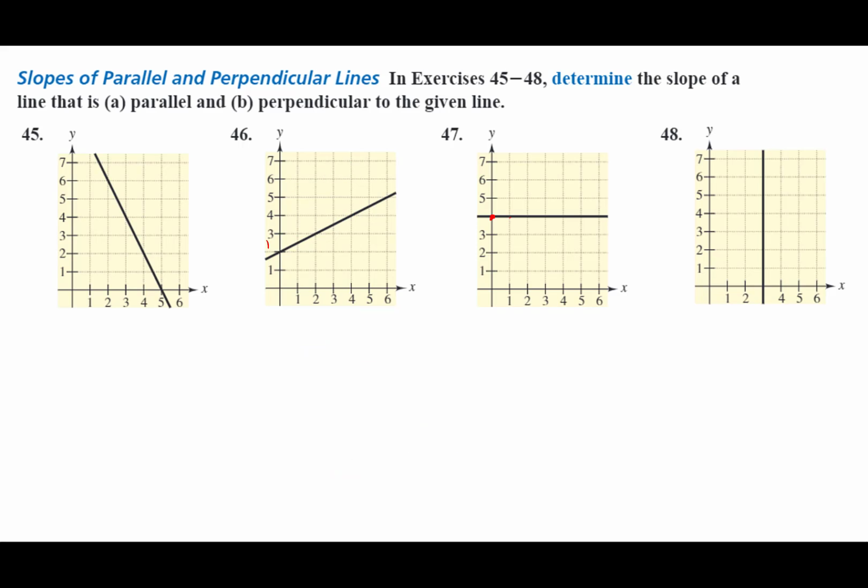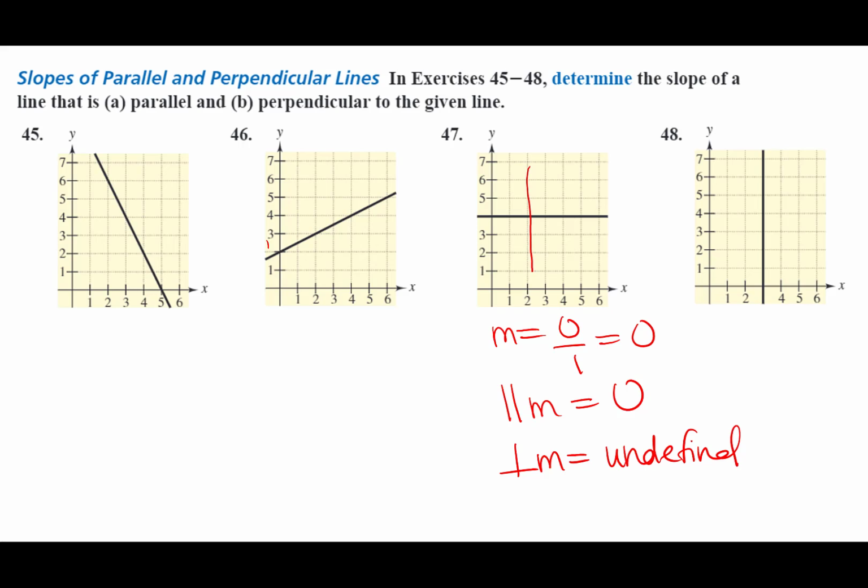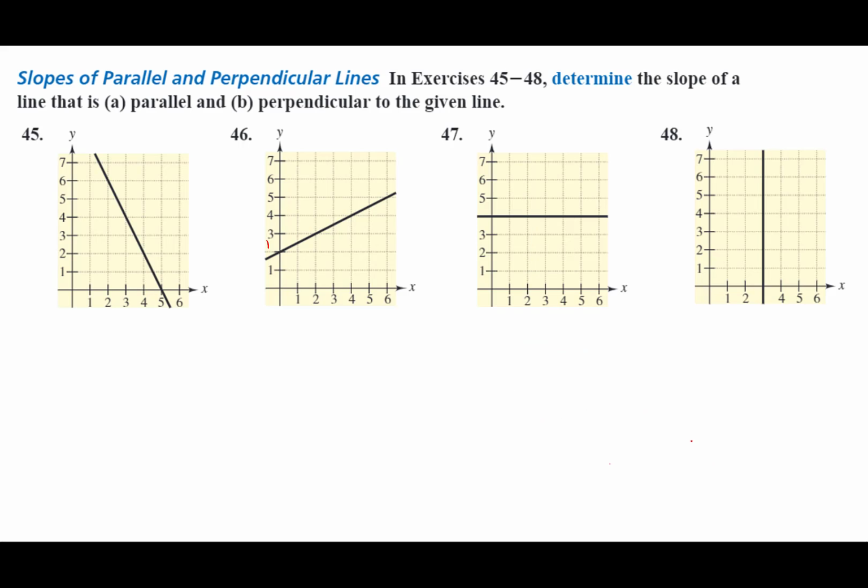47, as you can see, all of these ordered pairs cross. We rose up 0 and over 1. So the slope will be 0/1, which is 0. The parallel slope will also be 0 because it will also be a straight line. But the perpendicular line will run completely vertical, and all vertical lines have an undefined slope. 48, this is an undefined slope because we're going to go up 1 and over 0, so the slope is 1 over 0.